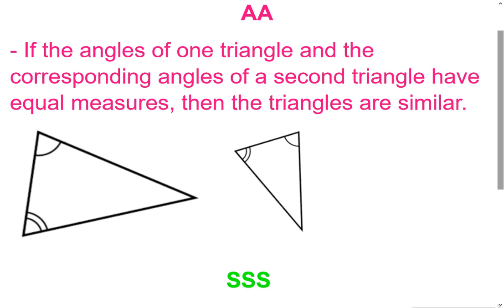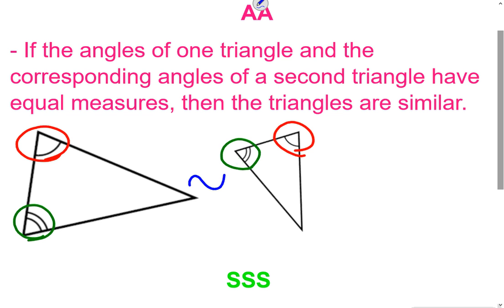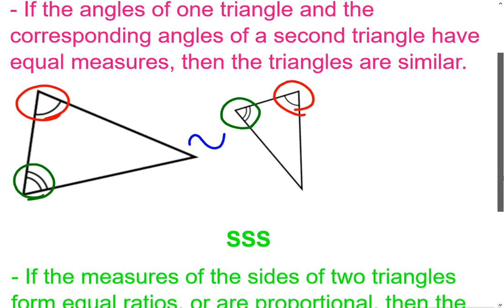So I look at this and go, well, I have one angle here being congruent to one angle here, and then I have a second angle here being congruent to a second angle here. So this tells me that yes, these two triangles are similar. I'm just going to put the big similar symbol in between them. I don't have to look at anything else. If those two things happen, those triangles are similar.